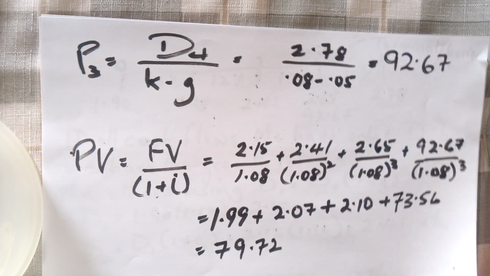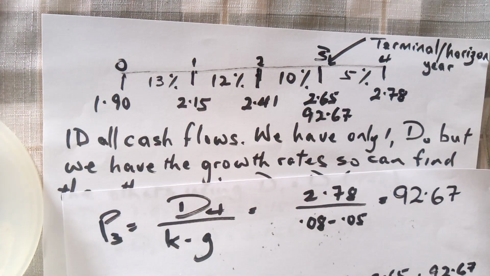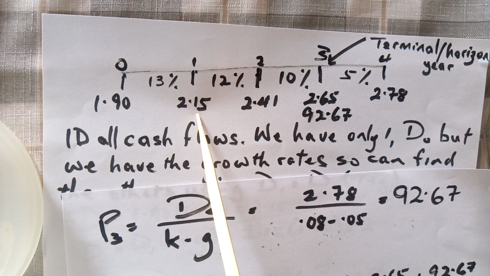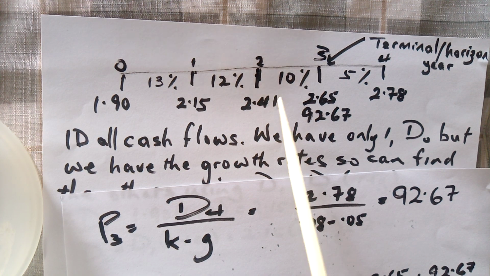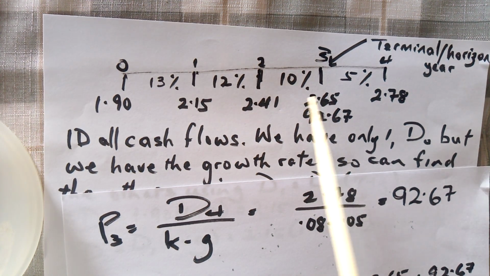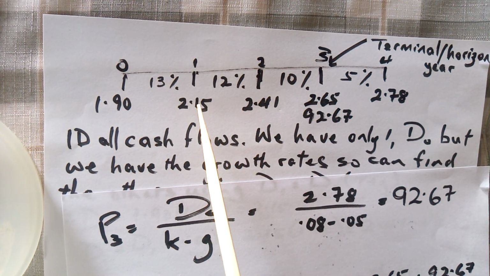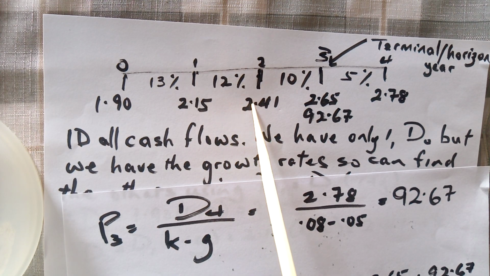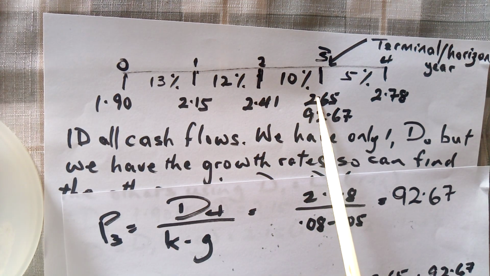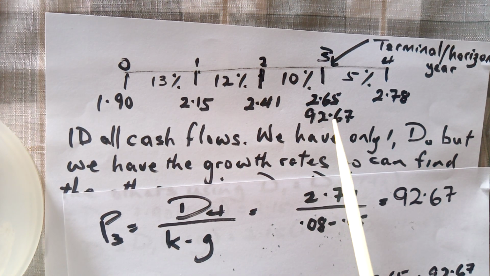And you will notice, if we look back at our first step, we found all the cash flows occurring before year 3 as separate years. Those 3. So we're going to have to treat each one of these as a separate cash flow, and this one, 92.67, as representing everything after year 3.